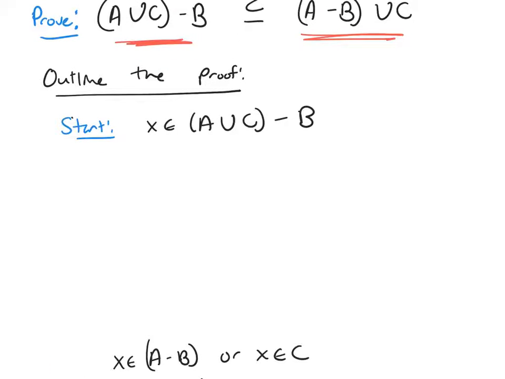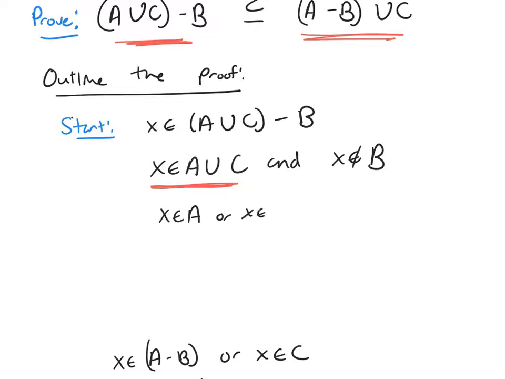Okay, if X is in A union C minus B, what does that mean? That means X is in A union C and it's not in B. That's just the definition of set difference. So now let's take this A union C. From here I know that either X is in A or X is in C, and X is not in B. I see this "or" here, so I'm going to have to split off into cases.